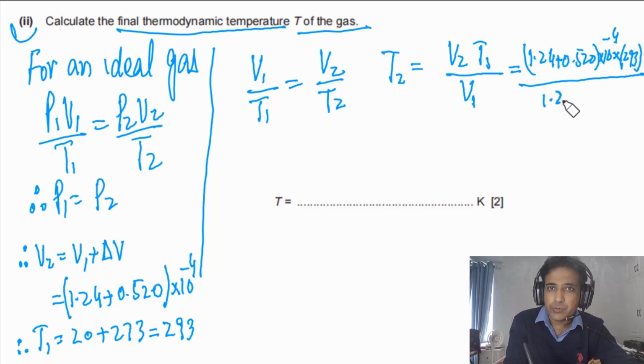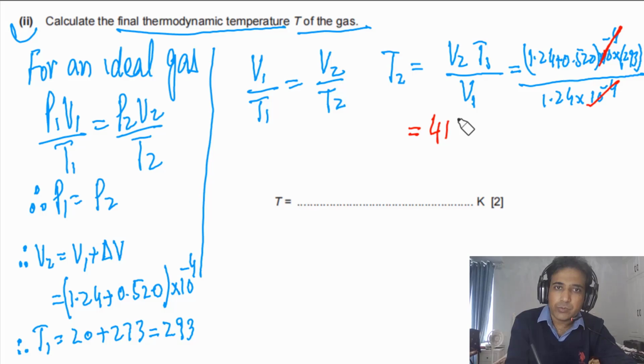V1 is 1.24 times 10 to minus 4. So simply 10 to minus 4, we can cancel and we can simplify. So if we simplify, the value of T2 will be equal to 416 Kelvin up to 3 SF. So this is our final answer.